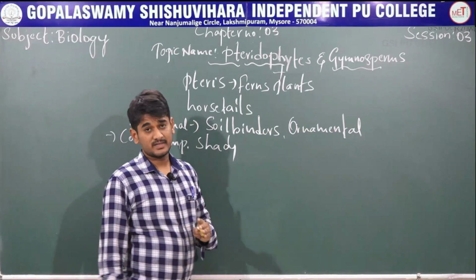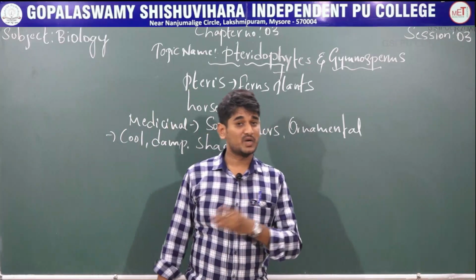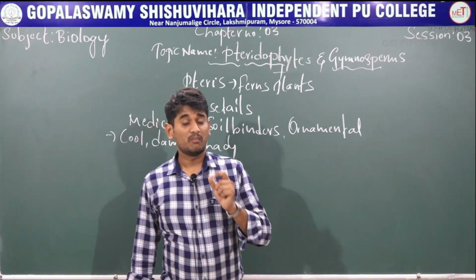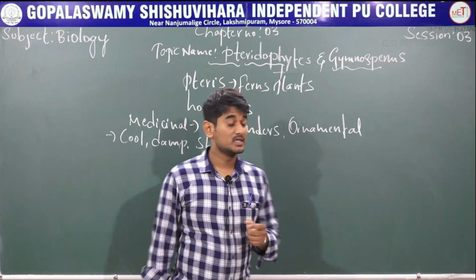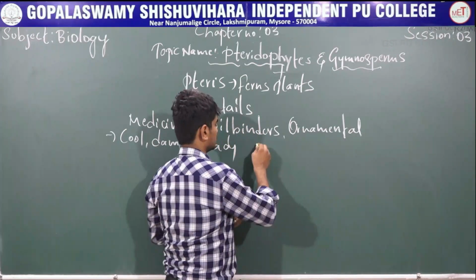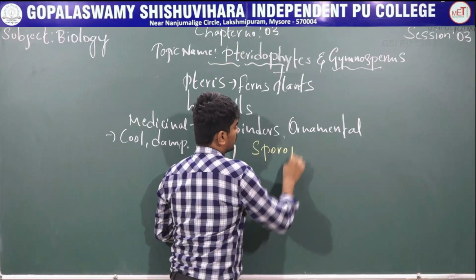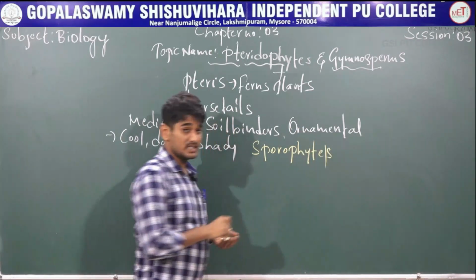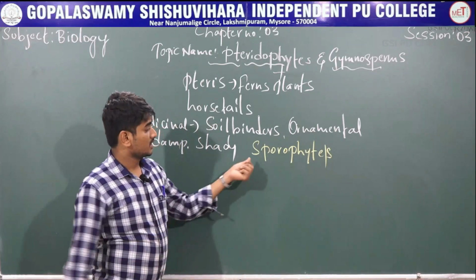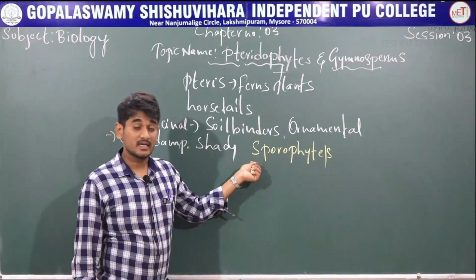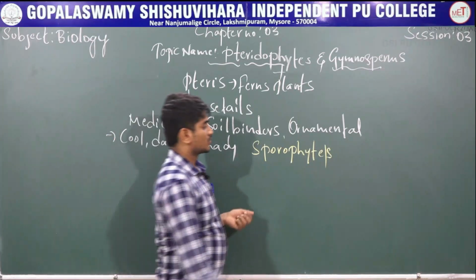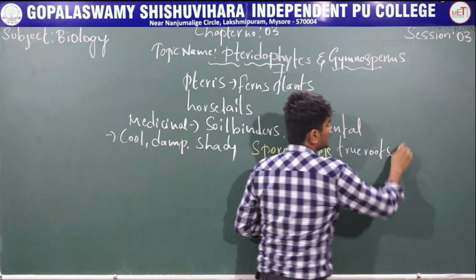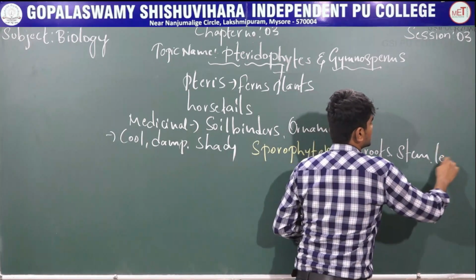Dear students, in bryophytes, the plant body is called gametophyte. But here, the plant body of pteridophytes is called sporophyte, which means spore producing body. The sporophyte is differentiated into true roots, stems and leaves.